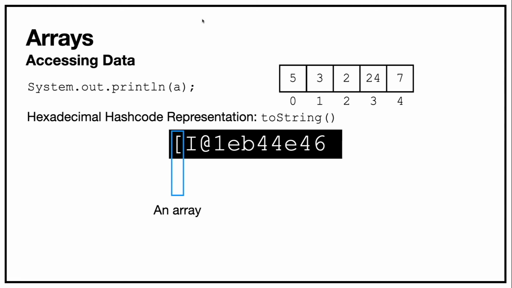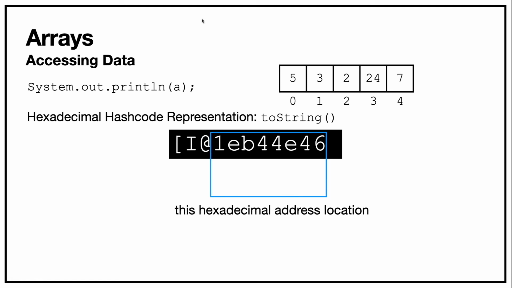That is the square bracket representation that Java will use to indicate that you're dealing with an array. This part means we're dealing with integers. So if we're dealing with an array of doubles, instead of an I it will be a D, and so on. This is the at sign, which pretty much tells you that the array of integers is located at, and then we're going to provide the hexadecimal address location.